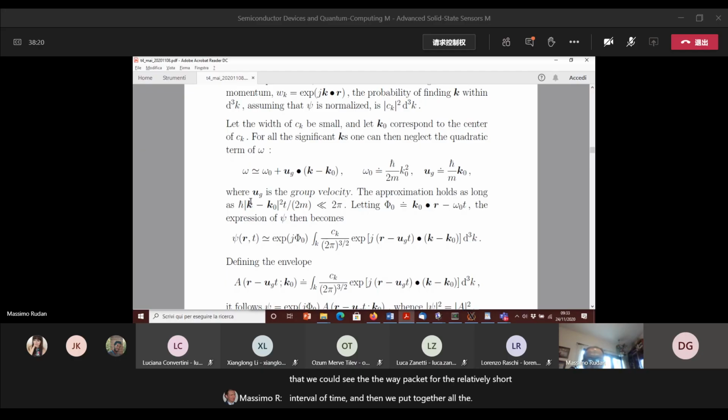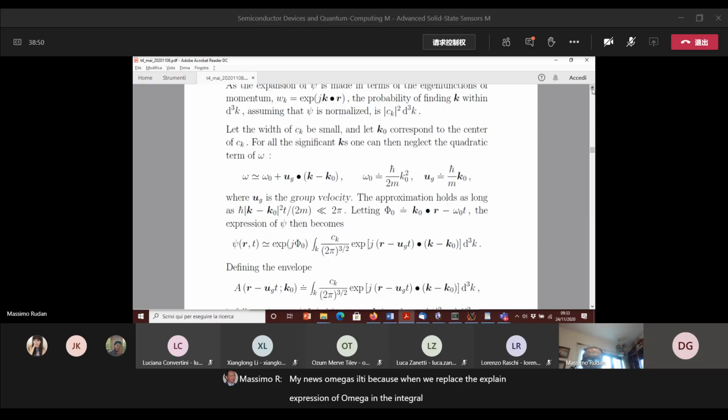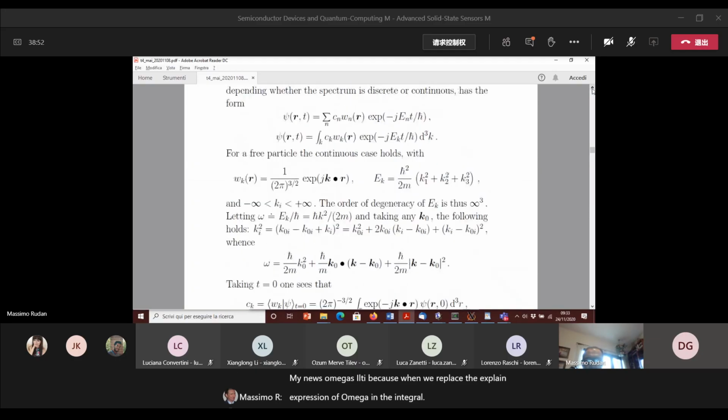And then we put together all the constants, okay? Clearly, in the phase, we have some terms that are constant. For instance, we have a term equal to k0 dot r minus omega 0 t, because when we replace the expression of omega in the integral, we have omega 0.